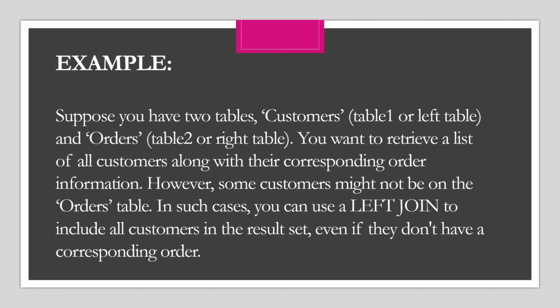Rows from the orders table are also included, but only those that have a corresponding match in the customers table. If there's no match, null values are returned for the columns from the orders table.